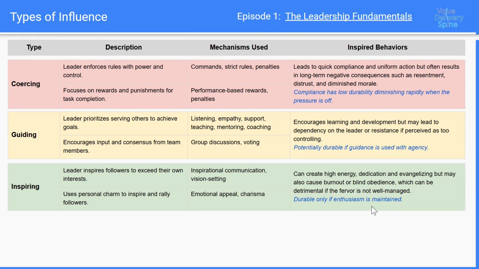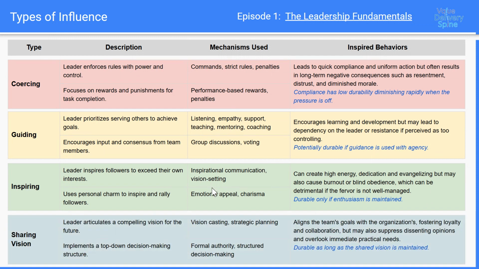If you can continuously maintain enthusiasm for that vision, that concept, that idea that is bringing people together, that will be durable. And finally, the last influence focus is shared vision. It's a little different than inspiring in that you create a vision and then each person identifies their way of getting there in that vision, the piece that they're taking on, the role that they're playing.